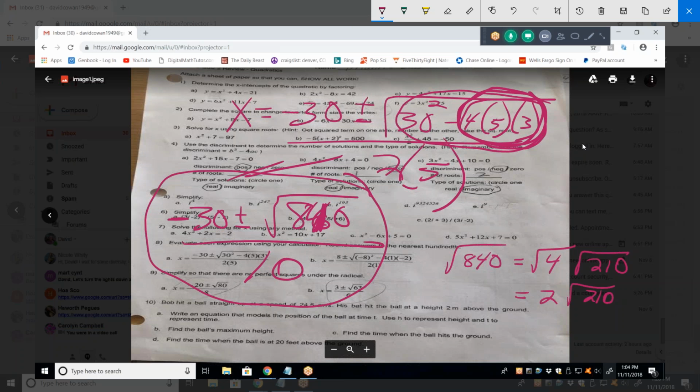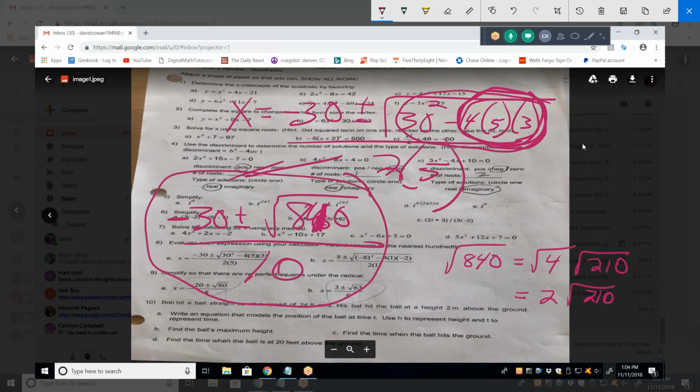It's not divisible by 9 because the digits do not add up to 9. Yeah, but that's not a perfect square number, so that doesn't help. In other words, I could make it 3 times 70, but then I still have two things that can't be simplified. The only time you want to simplify it is if you can pull a perfect square number out of there.